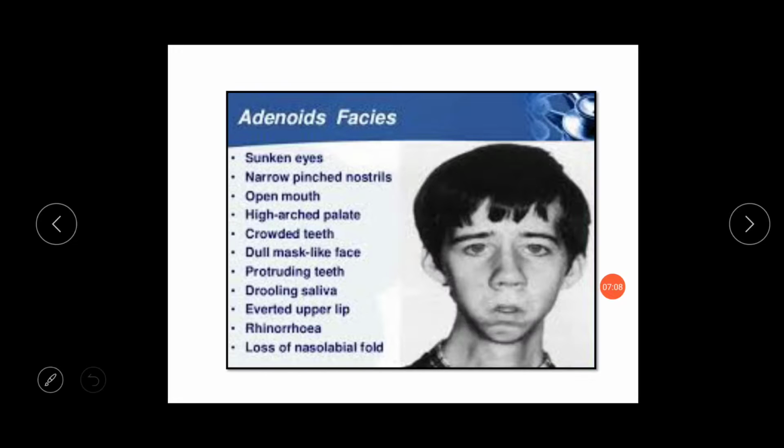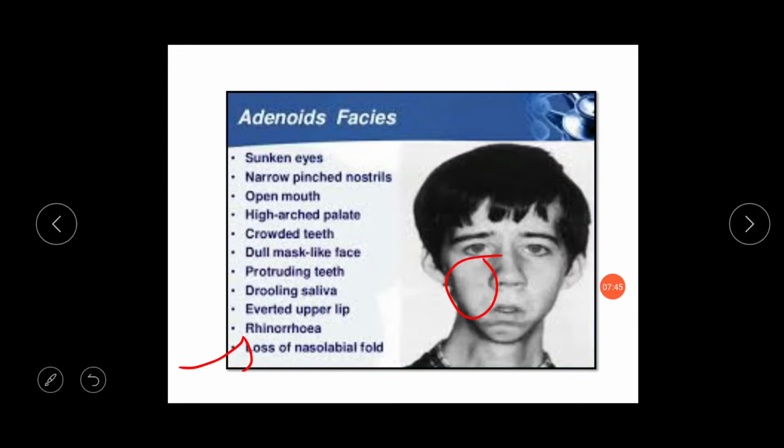The features of adenoid facies are shrunken eyes, narrow pinched nostrils, open mouth and high arched palate, crowded teeth, dull mask-like face without facial expressions, protruding teeth, drooling of saliva due to constant open mouth, everted upper lip, rhinorrhea, constant rhinitis, and loss of the nasolabial fold.